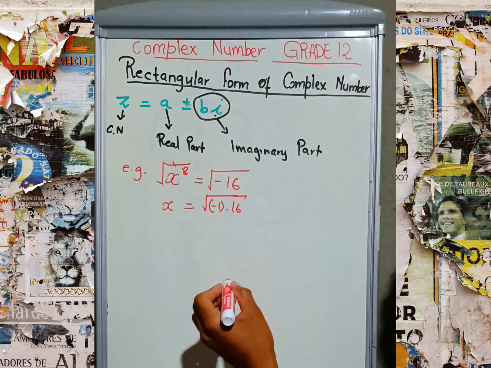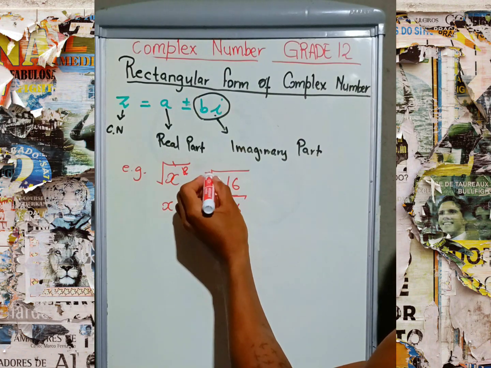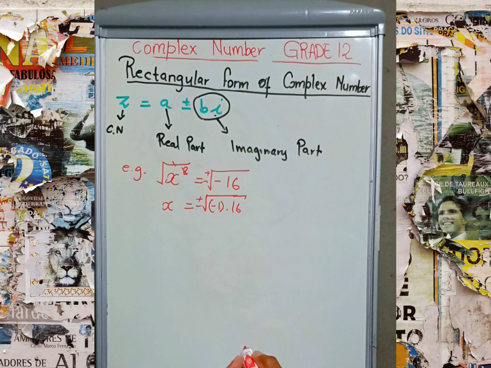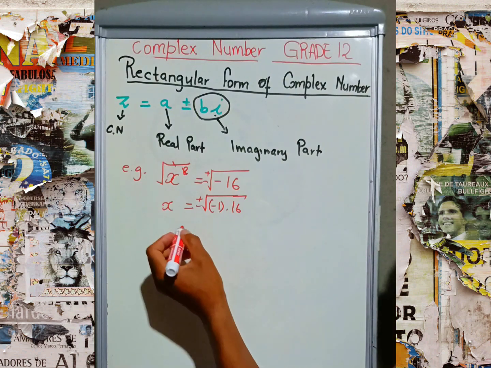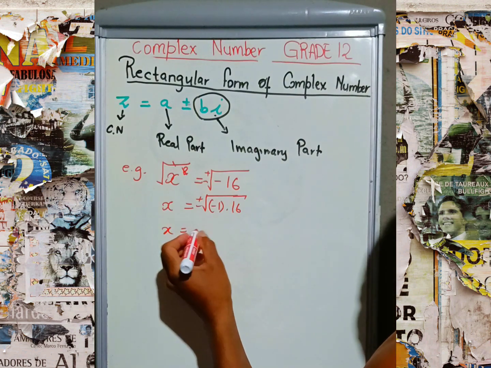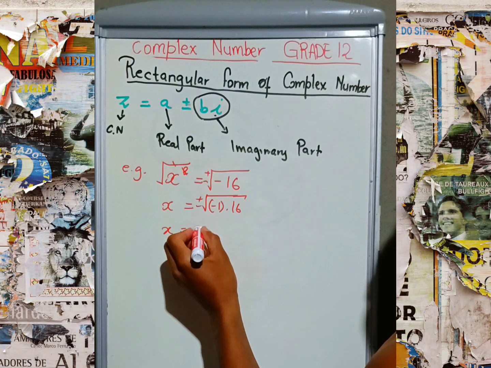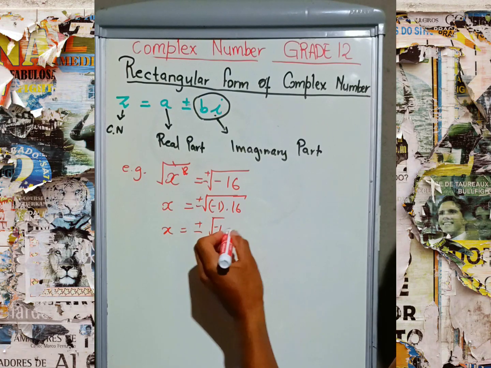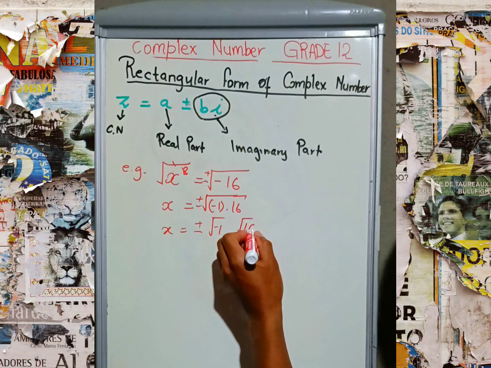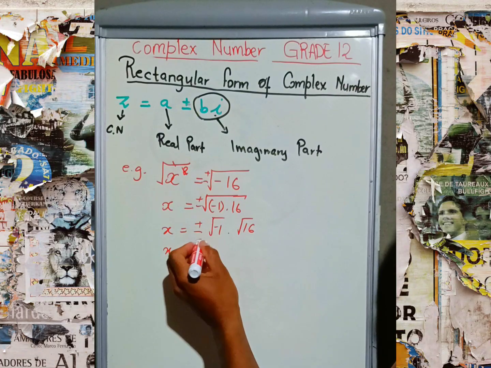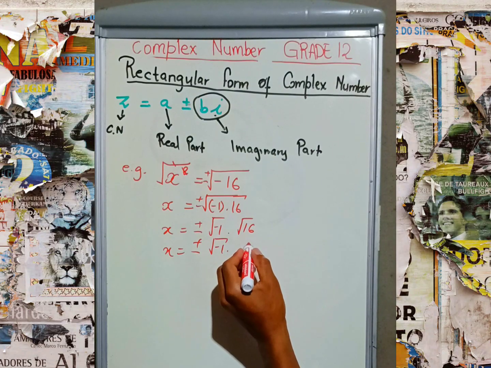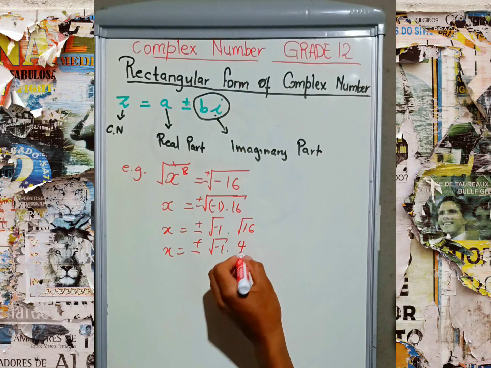Remember, when you put a square root, it always goes with plus or minus. So x equals plus or minus the square root of negative 1 times the square root of 16, which is 4.